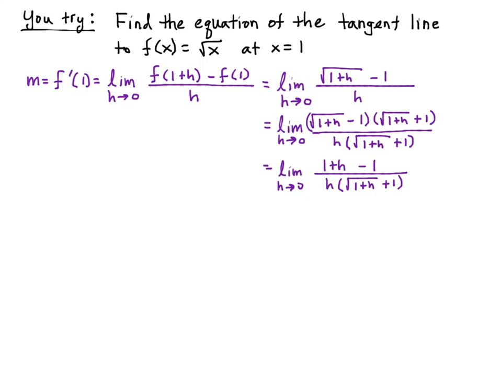And so then when we multiply by the conjugate, remember a plus b times a minus b is going to be a squared minus b squared. So we have that first term, the square root of 1 plus h. So when that gets squared, we just get 1 plus h. Then it's going to be minus the square of the second term, which is just 1. And so we get 1 plus h minus 1. And then we didn't do anything with the conjugate in the numerator. We just left it there.